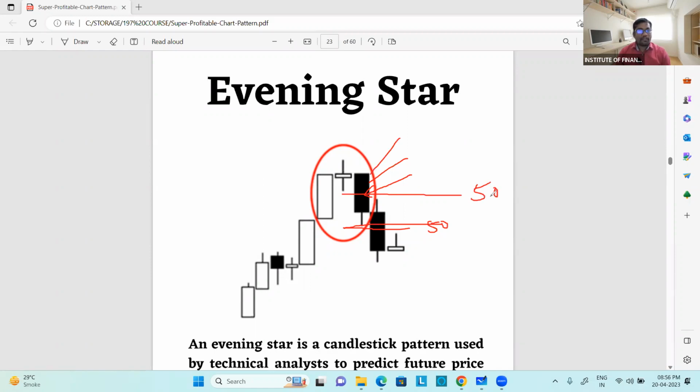Sagar, can you confirm the reason behind the trade which was provided in the group? Yogesh, can you check the morning star in Asian Paint 15 minutes?